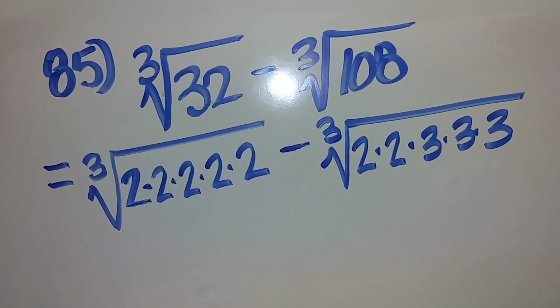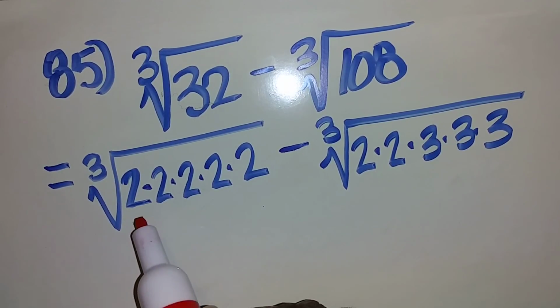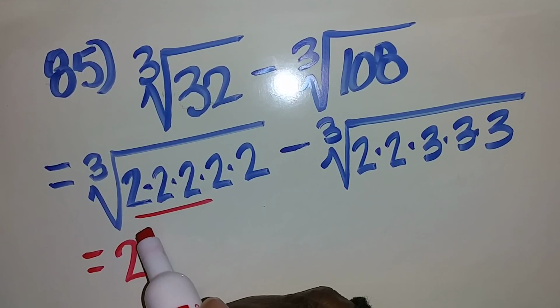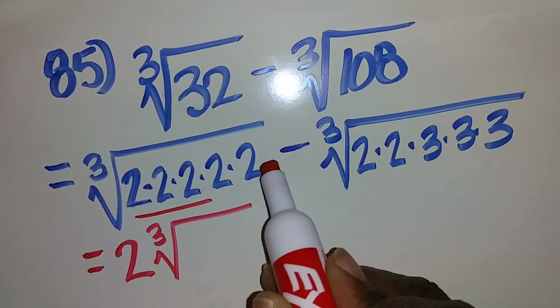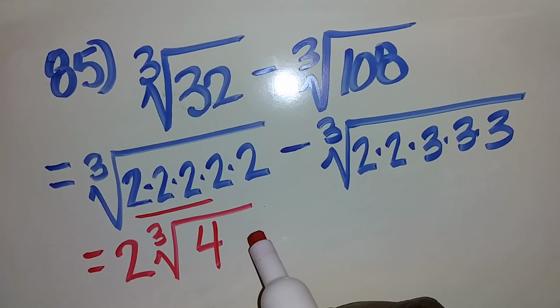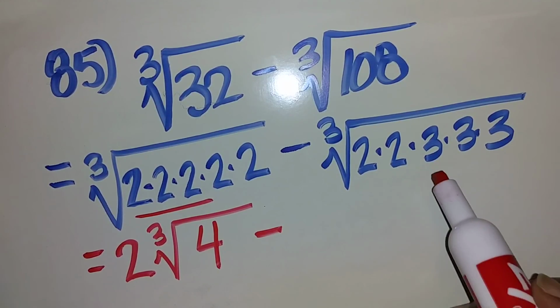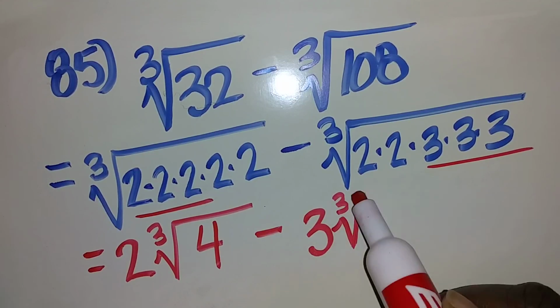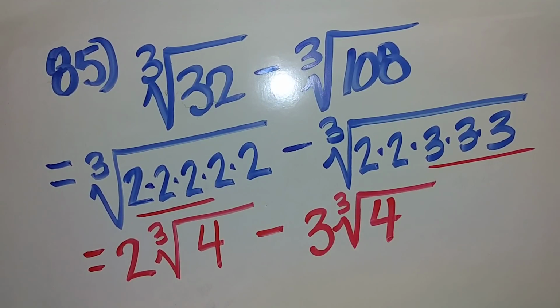3 of the same. So I see one set of 2s, and I have 2 times 2 left over, which is 4. Minus, I see one set of 3s times the cube root, and I see 2 times 2 left over there also.